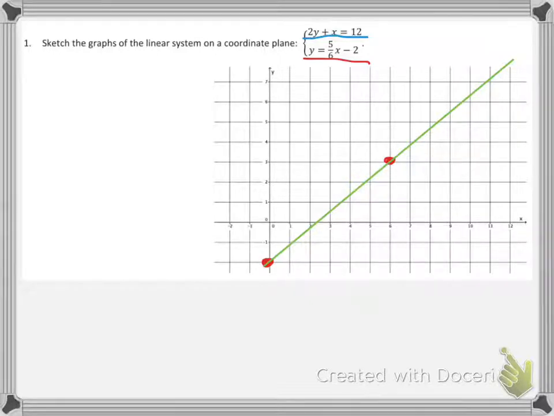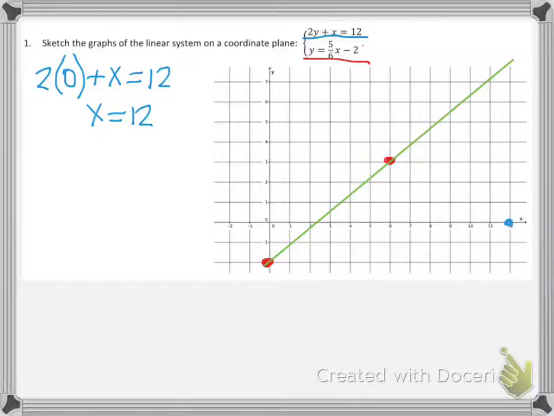In order to find the x-intercept, I make y equal to 0. So 2 times 0 plus x equals 12. And that just gives me x equals 12. So I know this line is going to cross the x-axis at positive 12 down here.